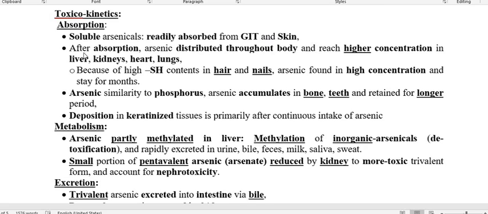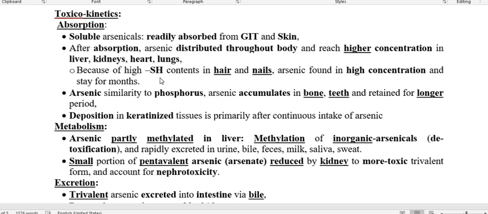And the most important point is that arsenic is well distributed all over the body, but a high concentration of arsenic is found in major organs of the body: the liver, kidney, lungs, and heart.